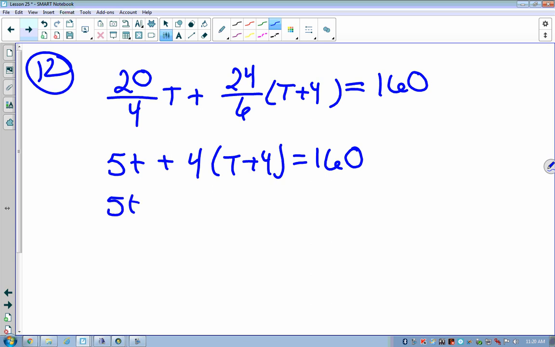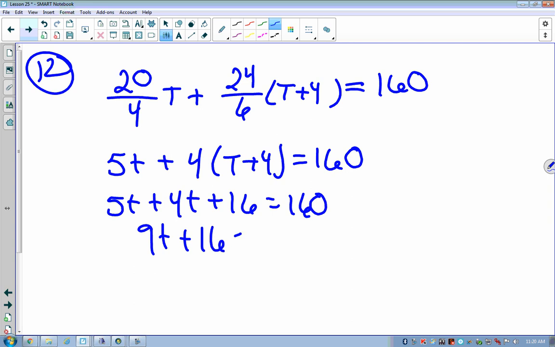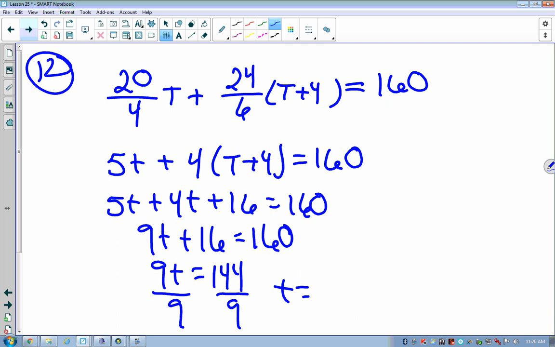Distribute, so I got 5t plus 4t plus 16 equals 160. 9t plus 16 equals 160. 9t equals 144, I'm told. Divide by 9. T equals 16.